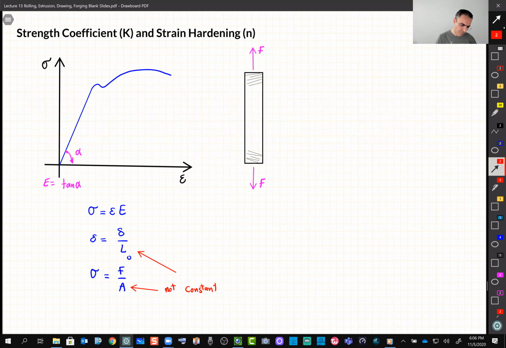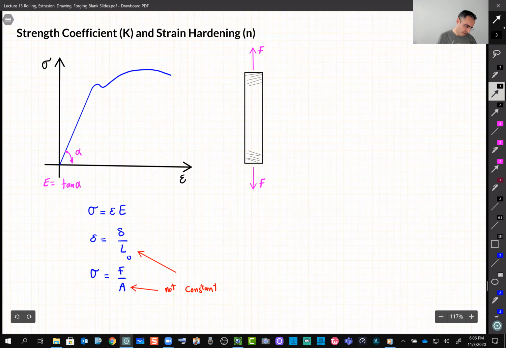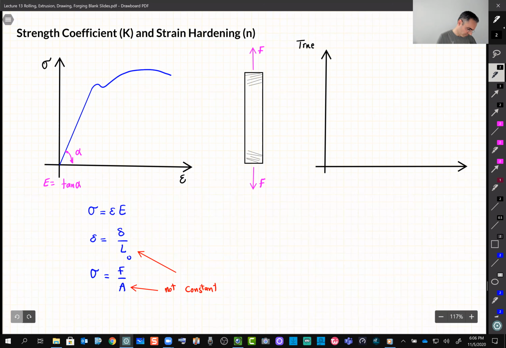So in other words, if I draw the actual plot, but with true values. It's funny, when we say true stress and true strain, it means the previous one, which we told you, was a lie, right? So this is true sigma, and this is true epsilon.